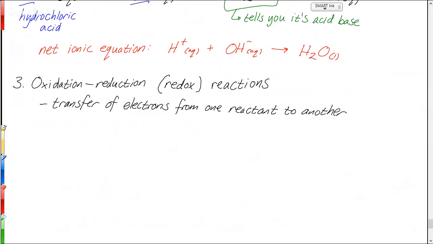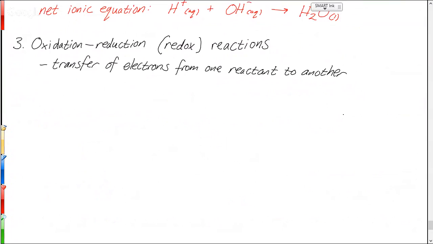It seems like we're always transferring electrons around, but in the reactions that we've seen so far, nothing's changing its charge. Nothing's changing how many electrons it has. You just have different pieces coming apart and then coming together. In this class of reactions, we're actually changing where the electrons are. They're going from one reactant to another.